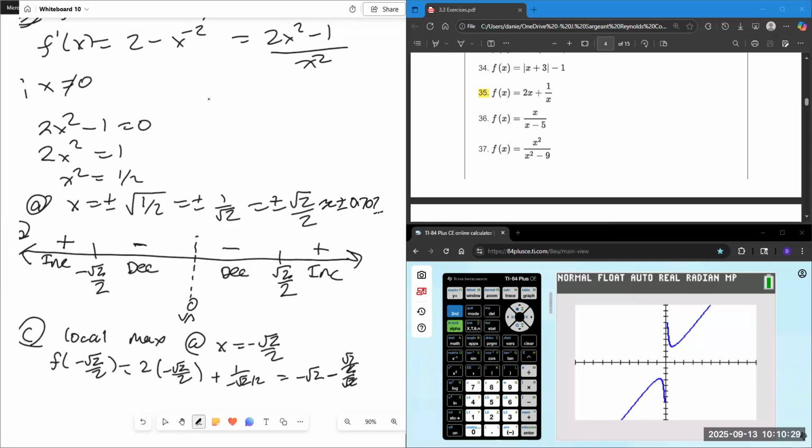So a negative root 2 minus root 2 is minus 2 root 2, negative 2 root 2.